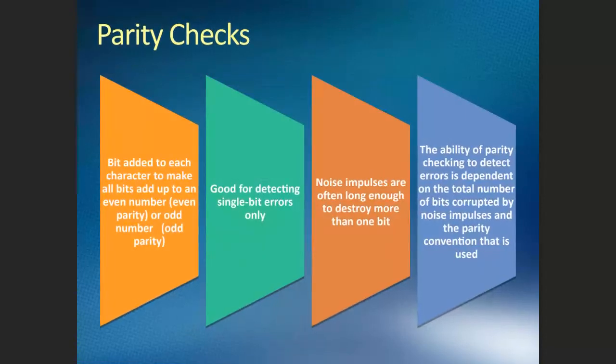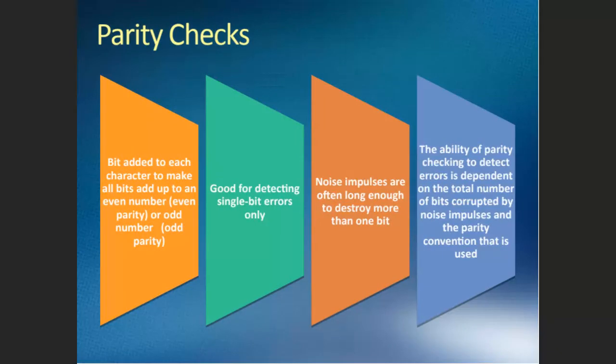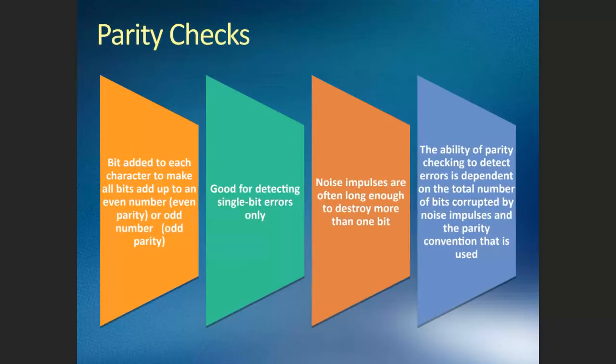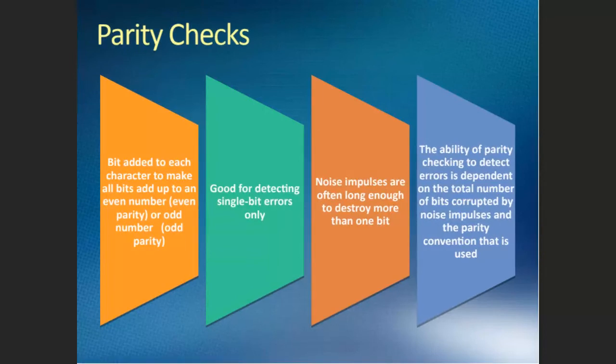Parity checks. Here, one method of error detection, you add a bit called parity. You want to make sure that if your frame is odd, meaning ending with 1, we will finish, inshallah. If it's ending with 1, it's an odd number or even number? Odd number.